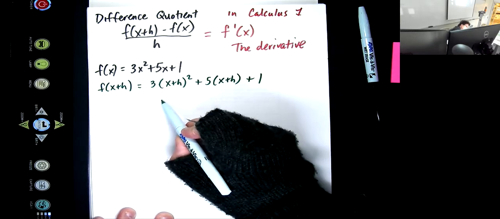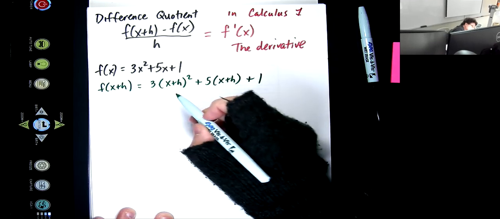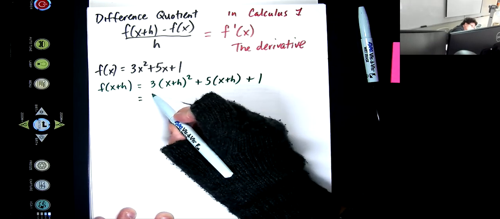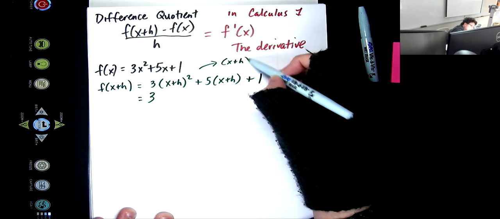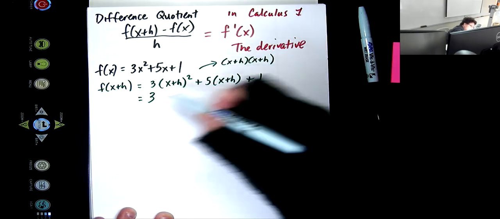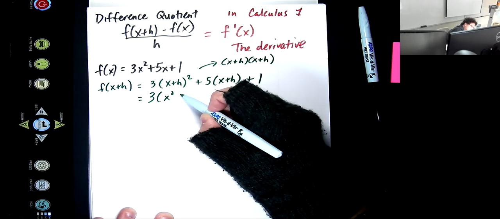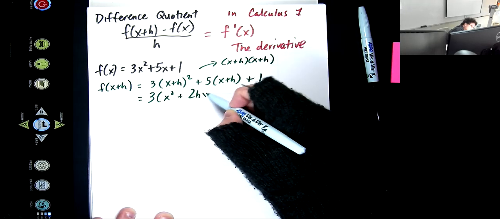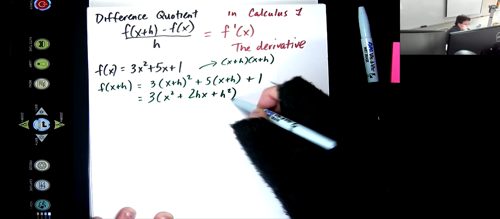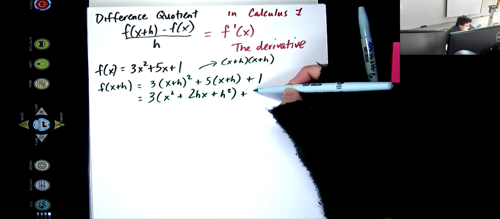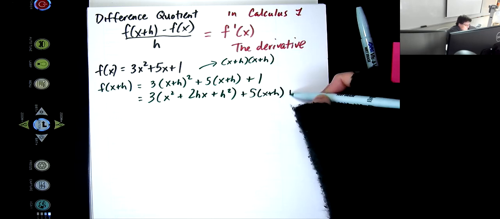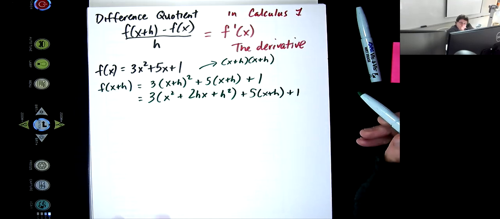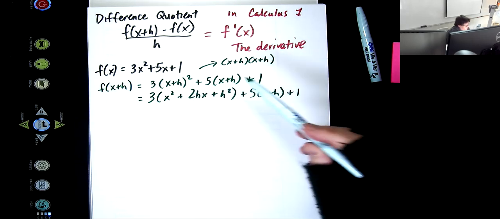Let's see, and then we have, if I do that as a square, remember this is x plus h times x plus h. If I multiply that out, I get x squared plus 2hx plus h squared. And I still have the next thing, which is 5 and then x plus h plus 1. So all I did is deal with the square right here.